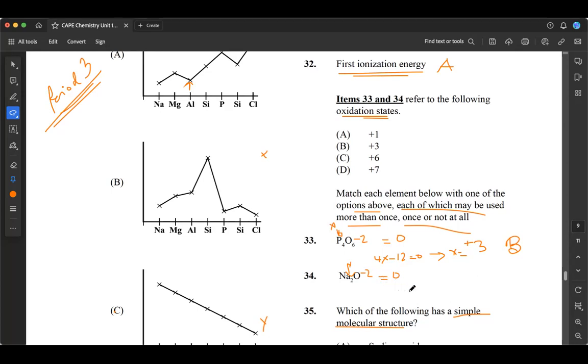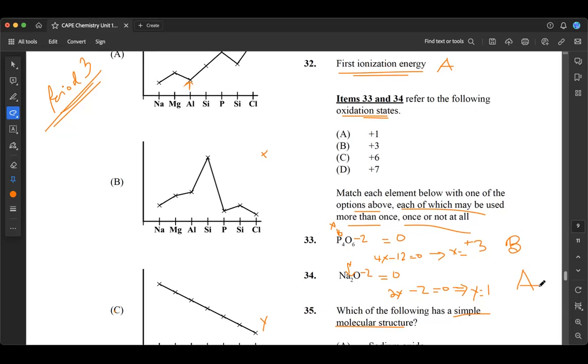So we have -2, and then 2 times X is going to be equal to 0. That means our value for X has to be 1, right? So A is our answer for 34. That's the oxidation number of sodium. So 33 is B, 34 is A.